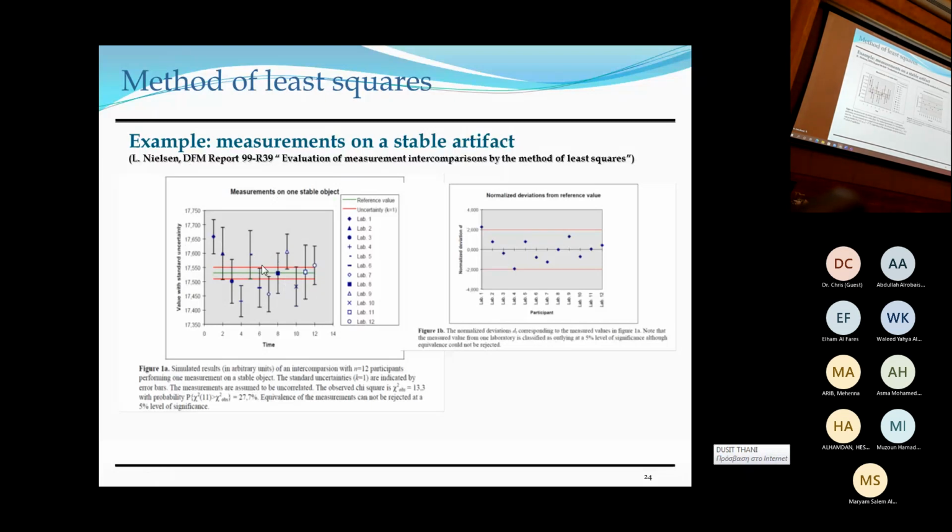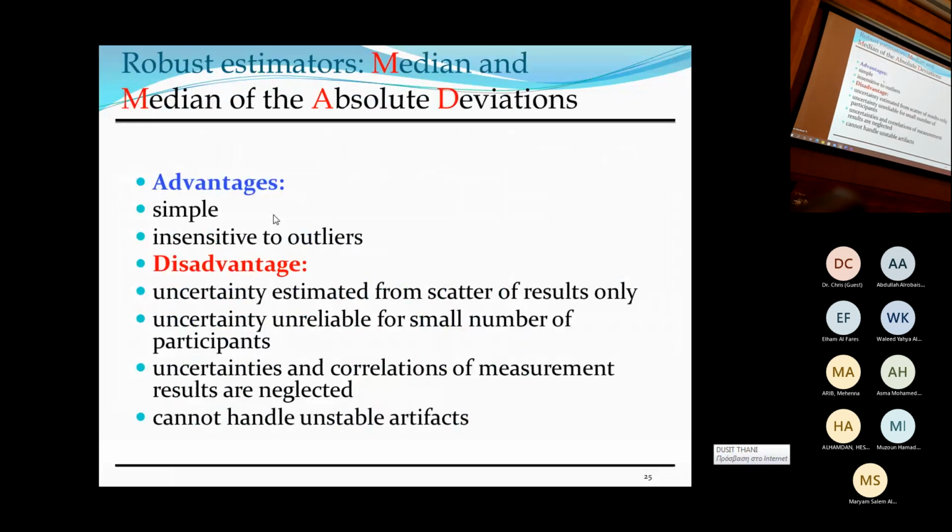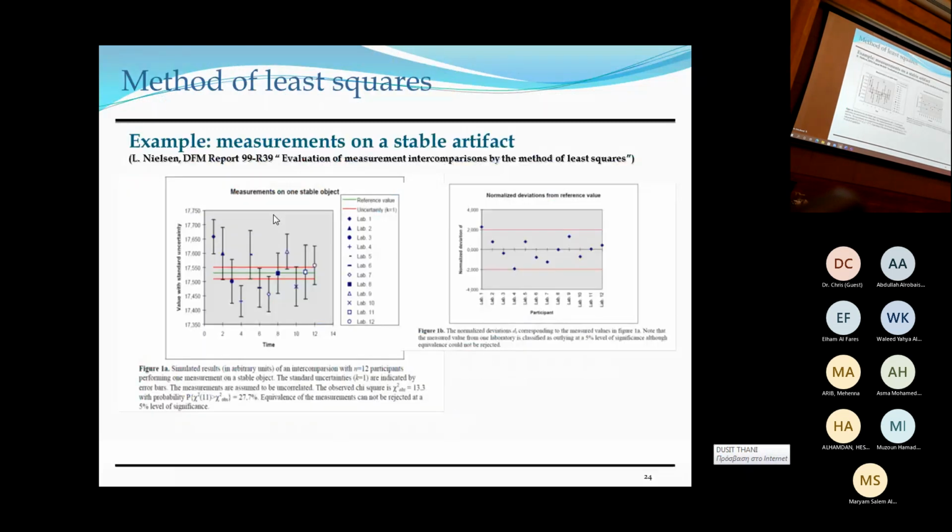And the two red lines are the uncertainty of the reference value. The reference value is the central green line. And in the graph right next to it, you see the two red lines that delineate the region where these deviations have to be in order for them to be consistent with the statistical assumptions of the test that's being done.